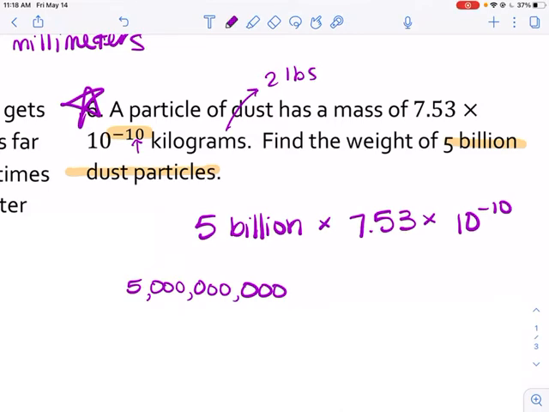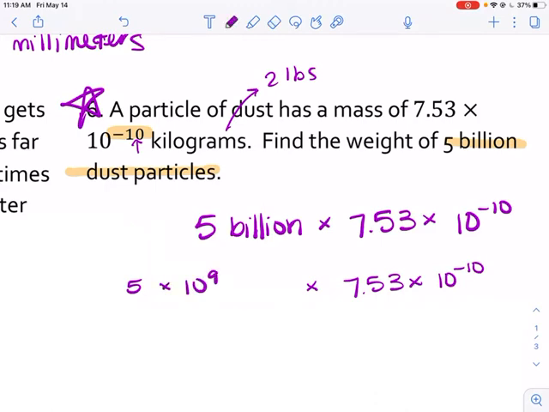So we want to find out what that is times this to find out how much 5 billion dust particles weighs. I'm going to write my 5 billion as scientific notation. So this has 9 zeros following after it. So I know since there are 9 zeros, it's going to multiply times 10 to the 9th.